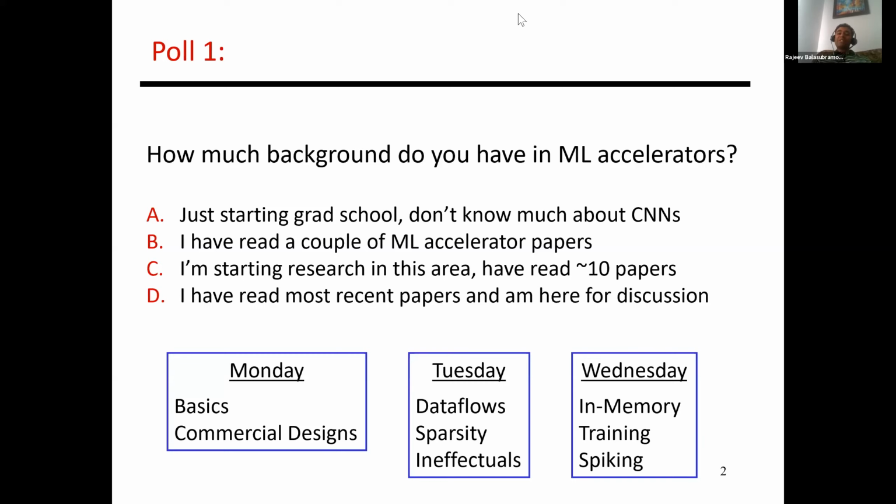I'm really happy to see that the poll results are similar to what I had expected. This is great. I don't have to deviate too much from what I had planned.